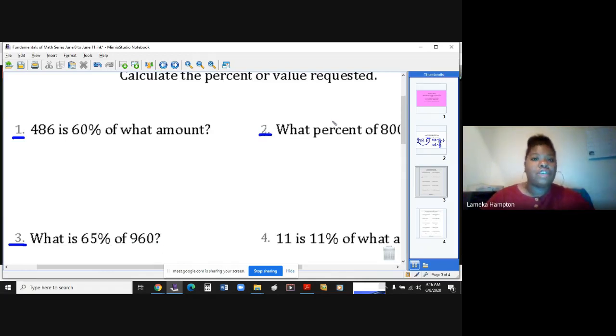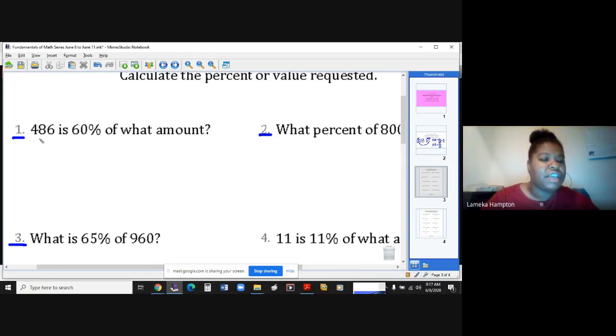I would like to go over these particular problems simply because they are written in different formats, and you have to make sure that you recognize the different formats, because just because you see a percent in a word problem or in a particular problem, that doesn't necessarily mean that you're going to follow the same steps for all percentage problems, especially as it relates to word problems. So that's the reason why I want to go over numbers 1, 2, and 3, because they are all formatted differently. So let's start with number 1.